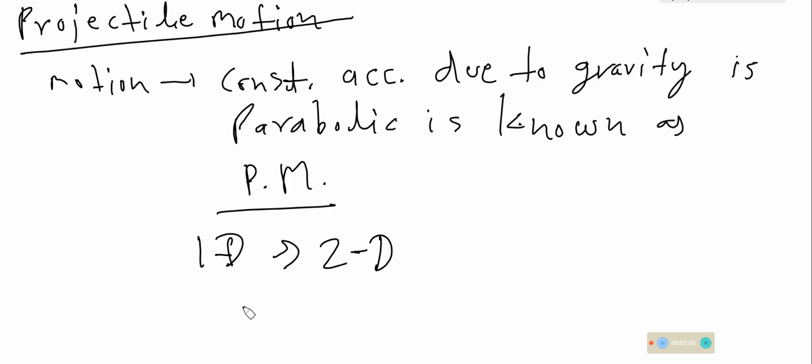We will see how the one dimensional motion comes and how the two dimensional motion comes. The projectile motion is two dimensional motion.